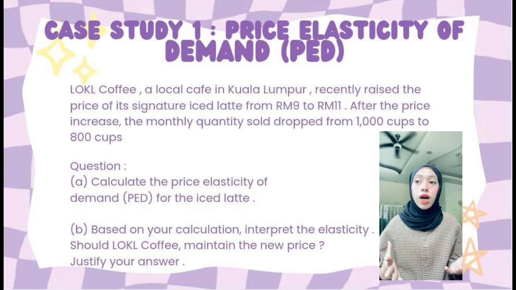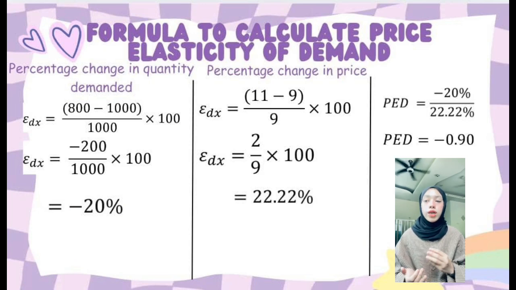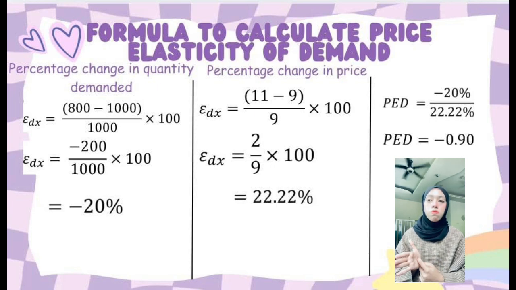So, how to calculate percentage change in quantity demand? So, you can calculate it as (800 minus 1000) per 1000, multiply 100.